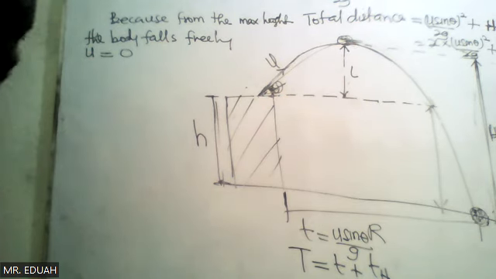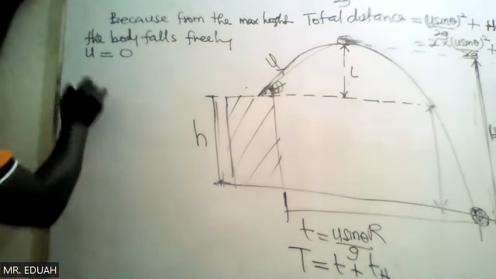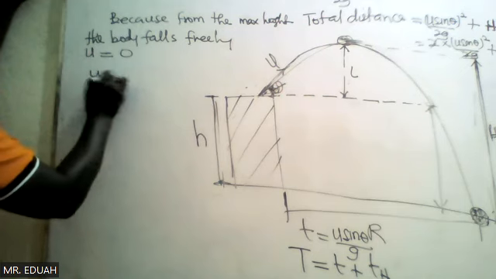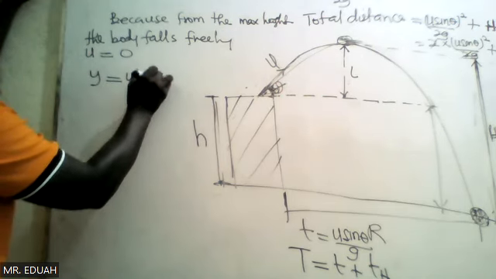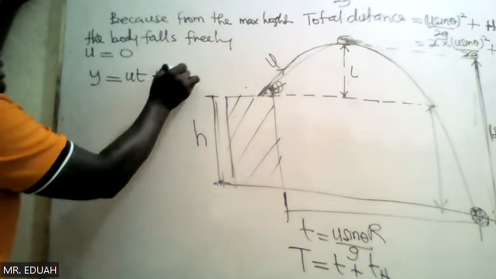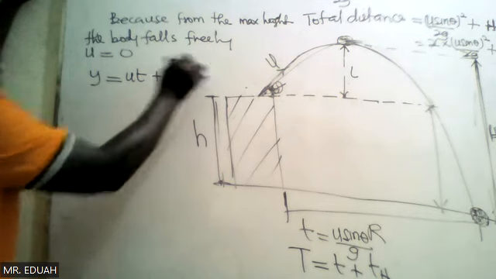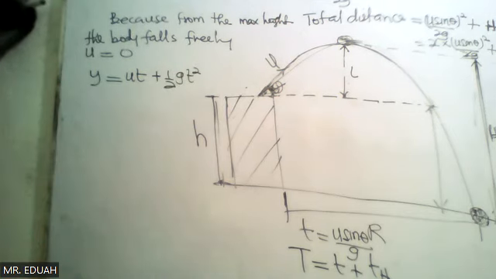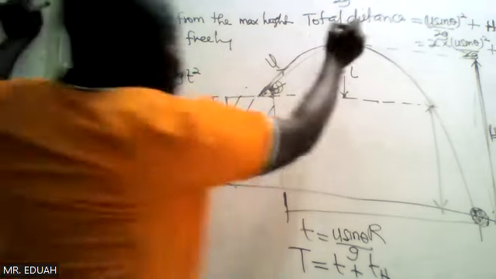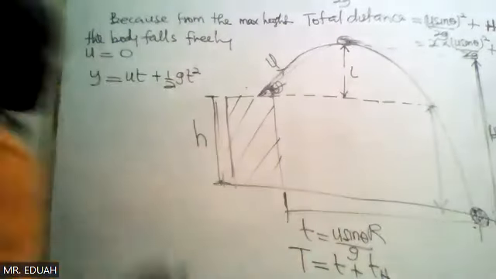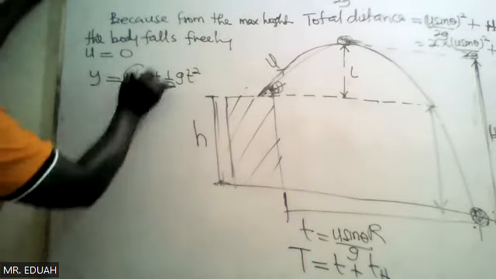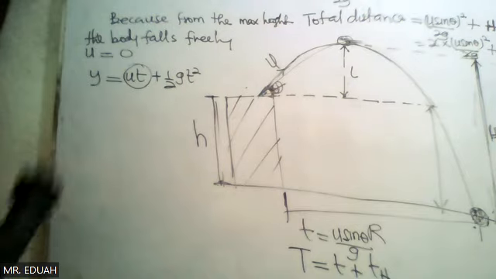If the body falls freely, then using y is equal to ut plus half gt squared, you can calculate the time taken to move from here to the ground. u is 0, so this part goes to 0.